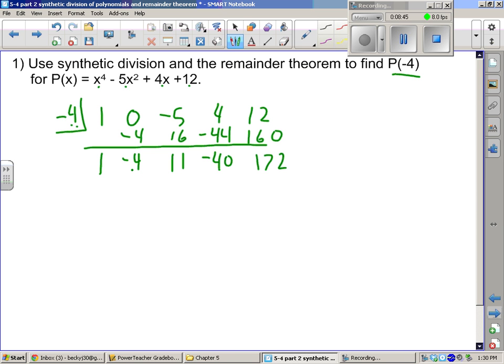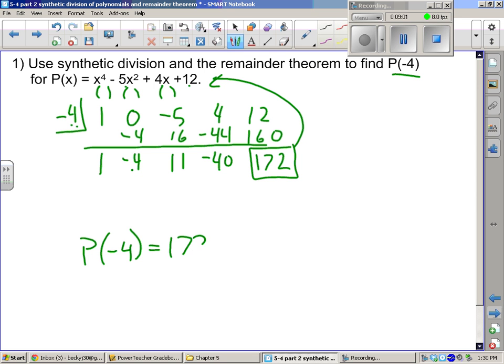So I get 172. Now all you have to do is look at the remainder, and that would be the answer if you were to substitute in for all these x's. So if this is like a test or something, you should write this.